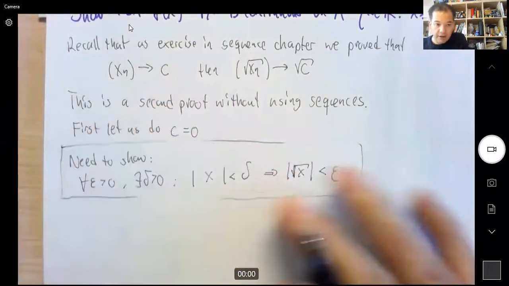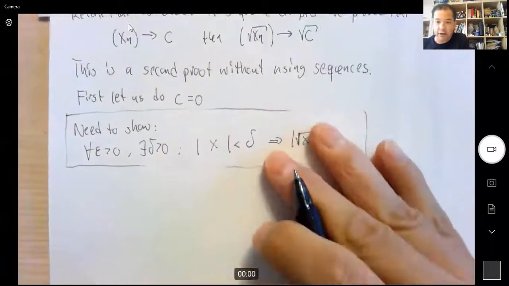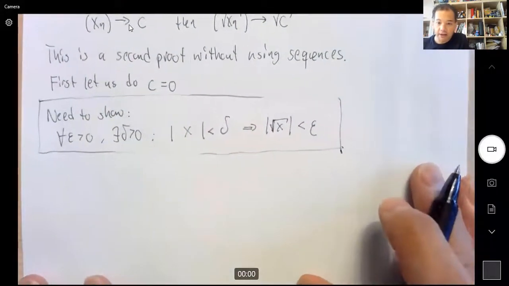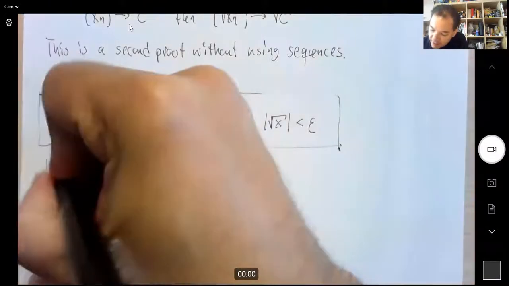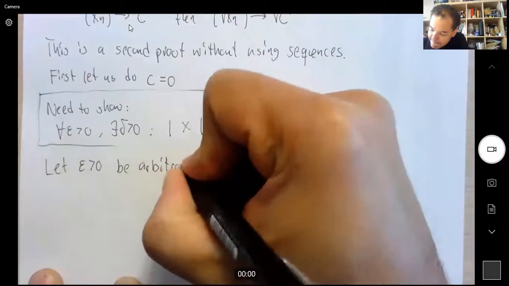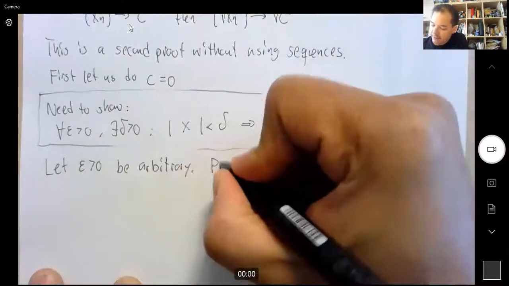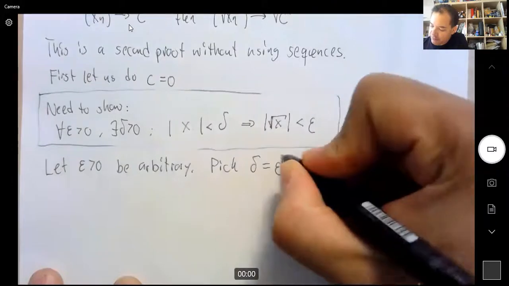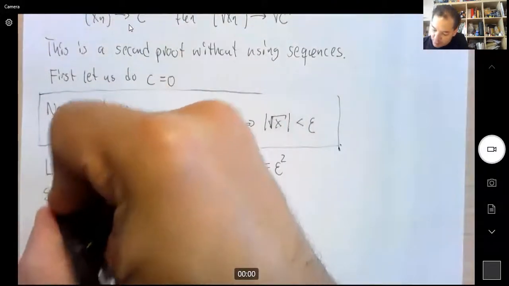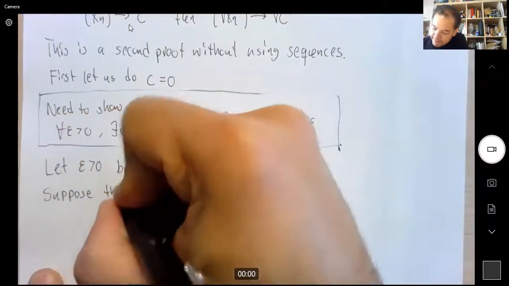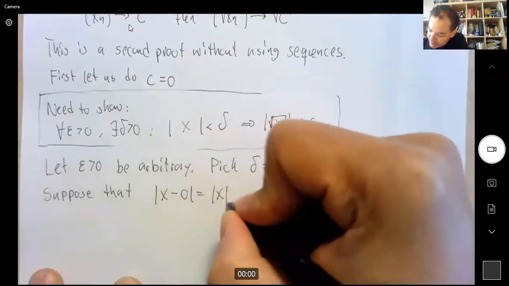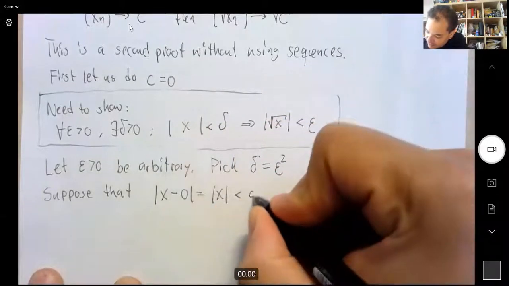So here we go. Now here's the write-up of the proof, at least for 0. We say, let epsilon greater than 0 be arbitrary. Pick delta equal to epsilon squared, right? Suppose that |x minus 0|, which is x, is less than epsilon squared.